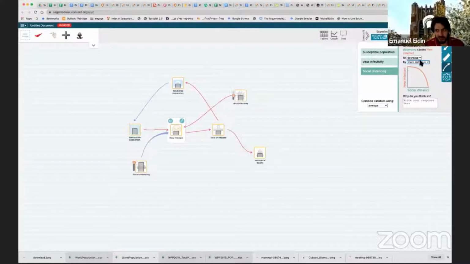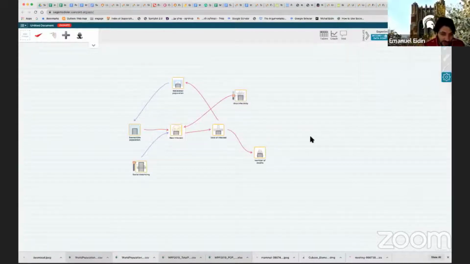Maybe there's a level of social distancing where, to a certain point, it doesn't matter how much social distancing you have. So whether as you increase the social distancing, that will go to infinity. That's a good question, but for the sake of simplicity, let's say about the same.